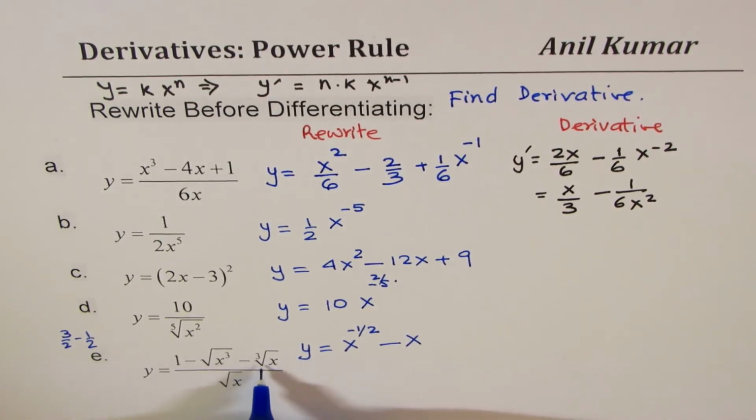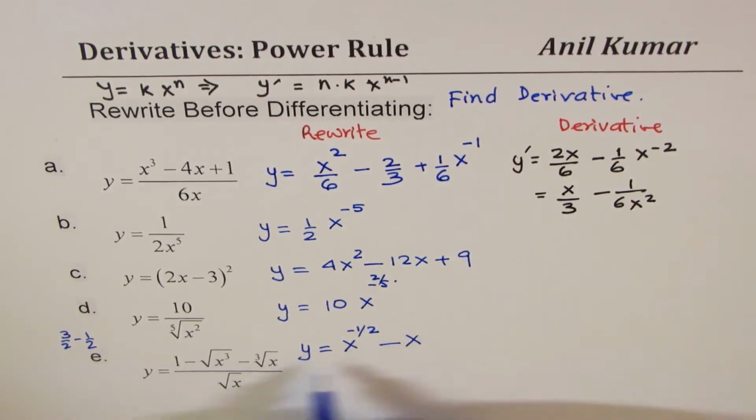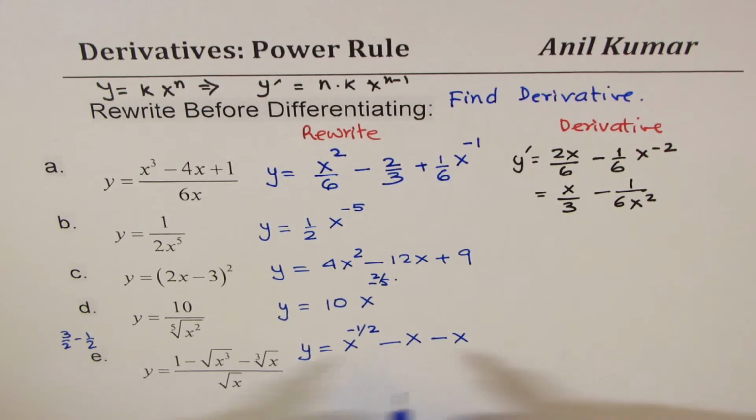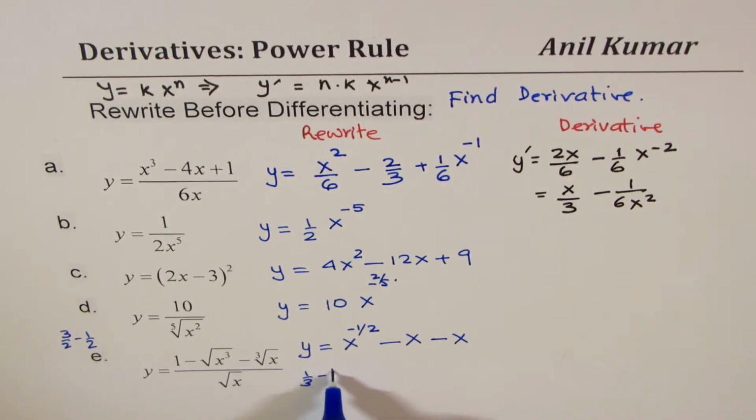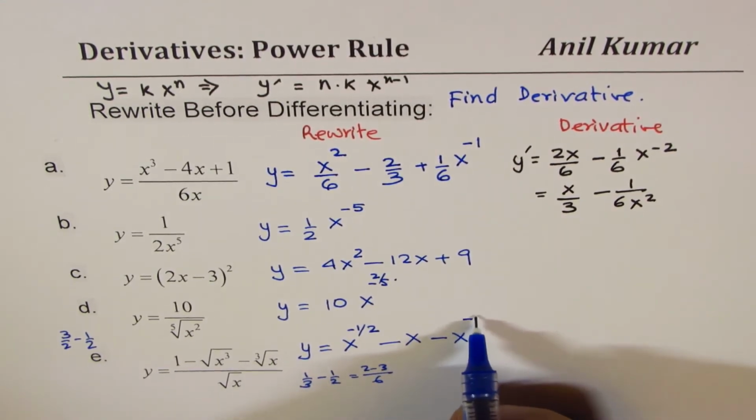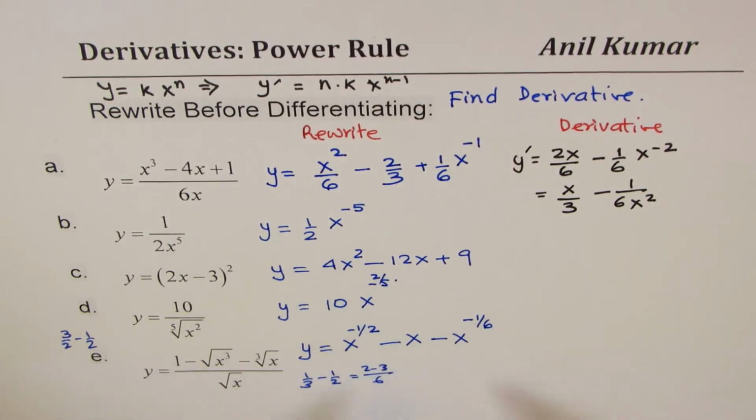And then we have the cube root, minus x to the power of 1 by 3 minus half. Now for this one, 1 by 3 minus half, with 6 as the common denominator, is 2 minus 3, which is minus 1 over 6, correct? So that is how you have to rewrite them.